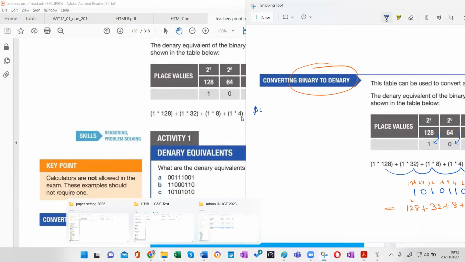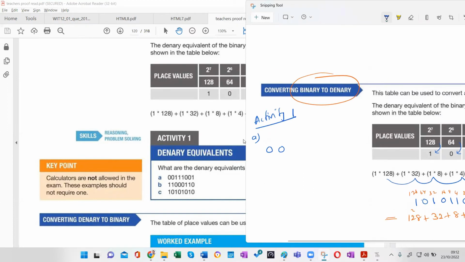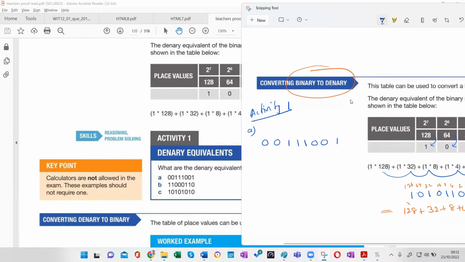This is activity 1A. 00111001. Now you can notice that all these are 8 bits. Right? 1 2 3 4 5 6 7 8. So in this book, they are referring to 8-bit numbers throughout. It's super easy, right?